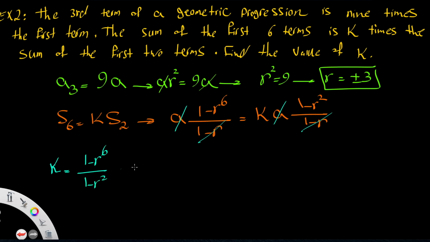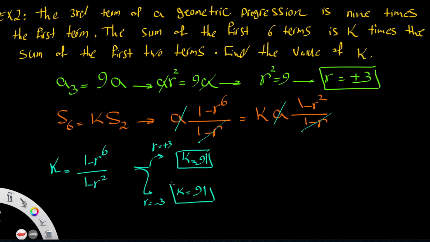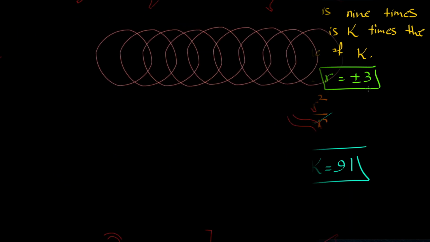Now, once I consider r positive 3, once I consider negative 3. If r is positive 3, then k will be 91 if you replace. In this case as well, again k will be 91. So overall k will be 91 in both cases.